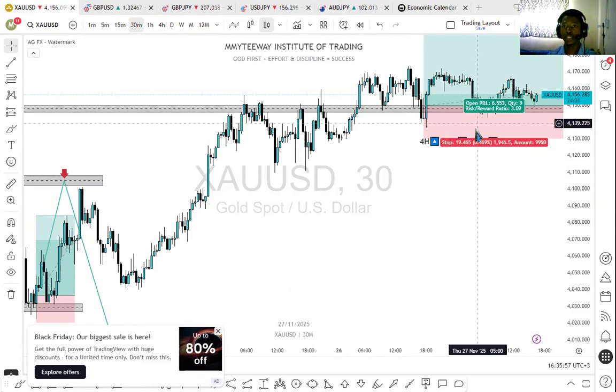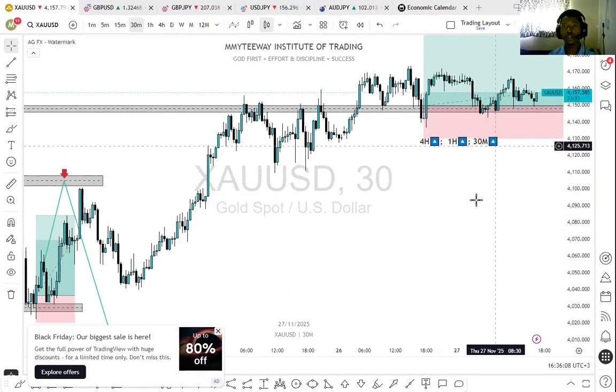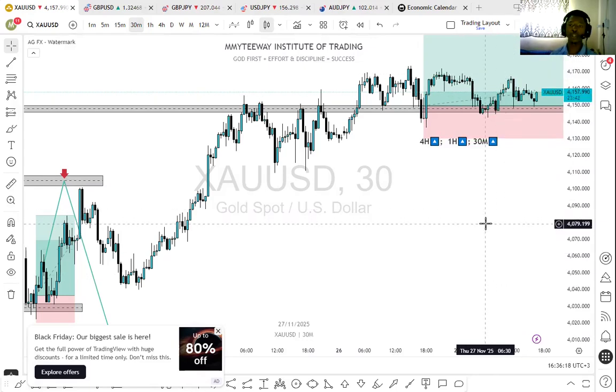From when we entered the trade, there's a big bearish candle, a small bullish candle, a small bearish candle, a big bearish candle, and then small bullish candles. All five of these bullish candles were swept by this one bearish candle, which is not very good for this trade, but we are just going to keep holding on.